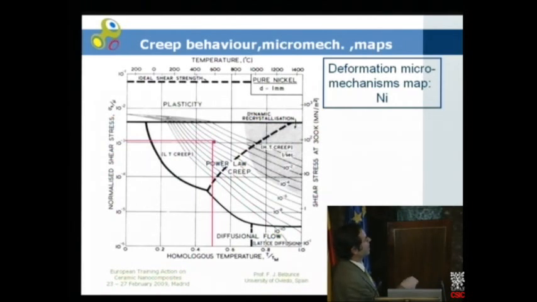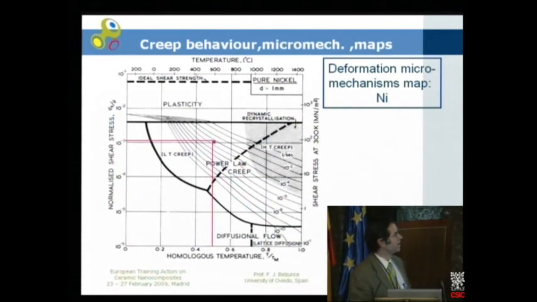With this temperature and with this stress, there is a point which defines the situation of the component. And here you can see these lines, and these lines show you the strain rate. For example, you can deduce that under these conditions, a pure nickel component will have a strain rate of about 10 minus 3 seconds minus 1.